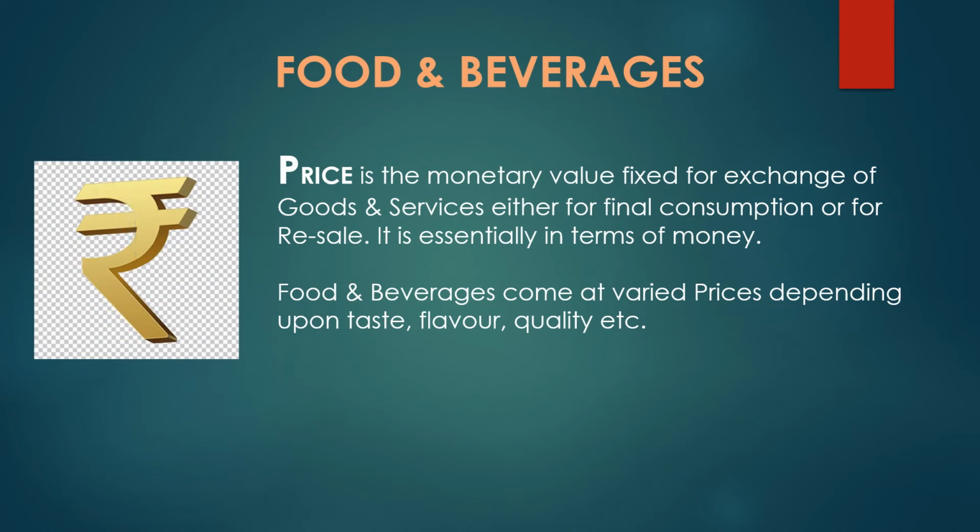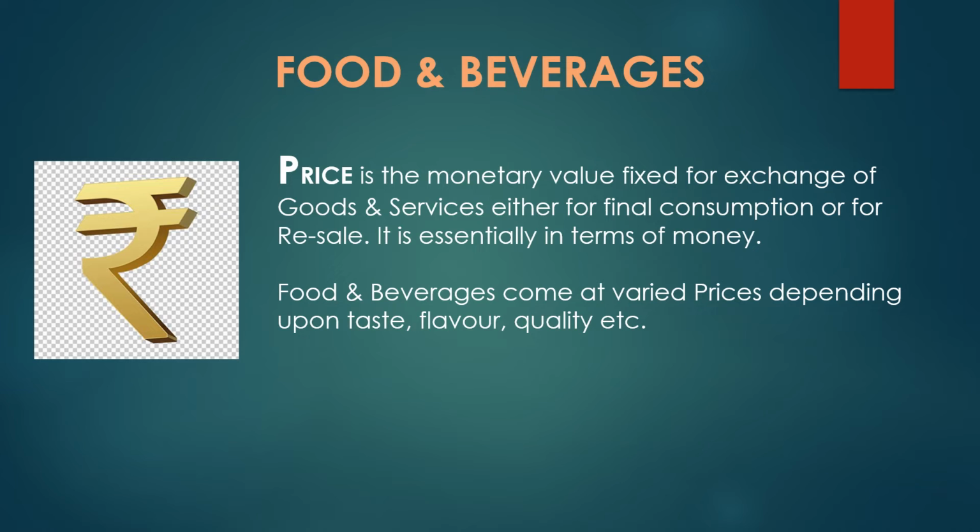Each and every product will have a set price. Price is basically a monetary value which is fixed for exchange of goods and services, either for final consumption or for resale. A retailer may purchase at a specific price from the wholesaler, so that is also called price, and it may be for final consumption also.